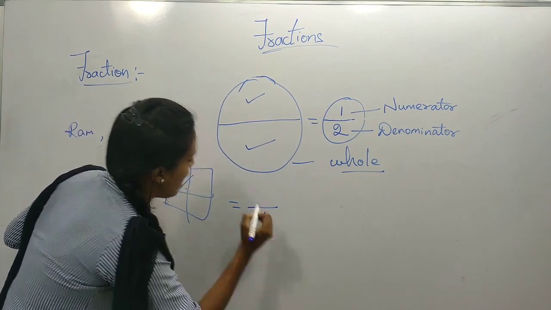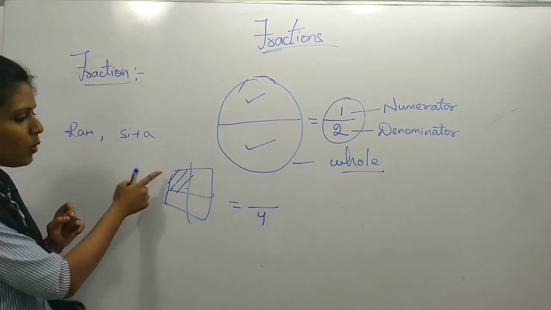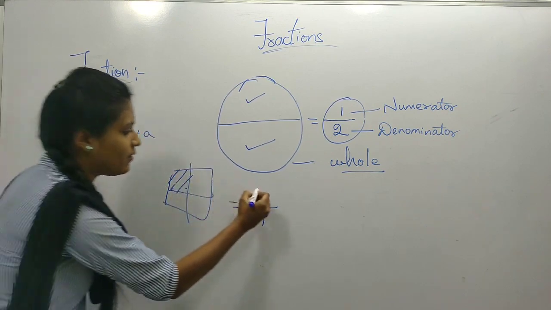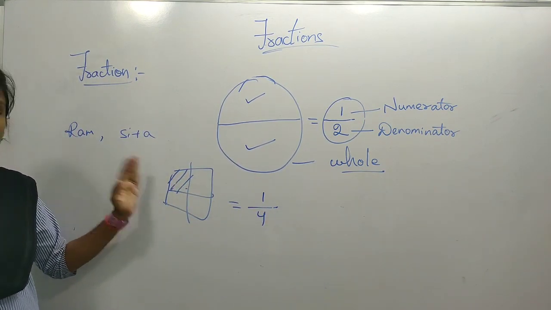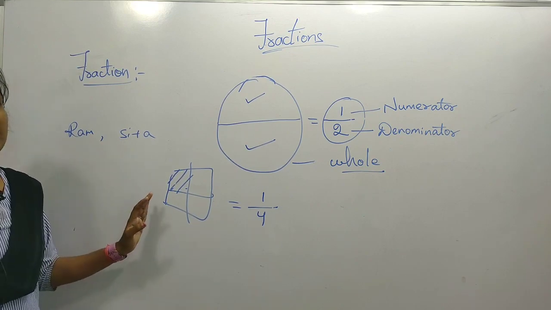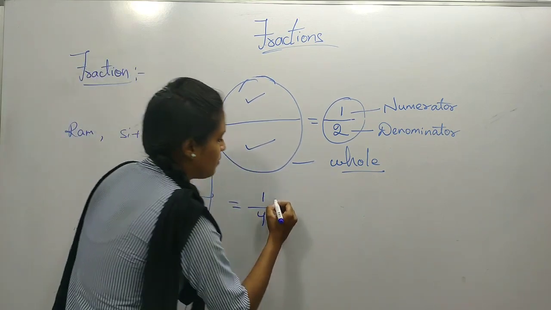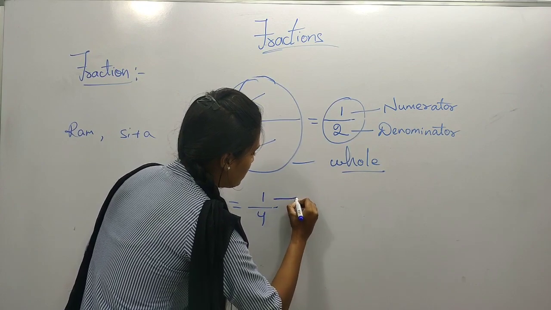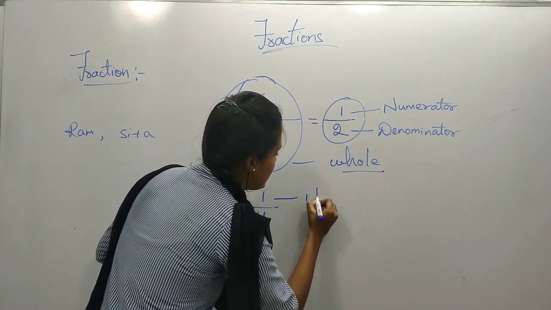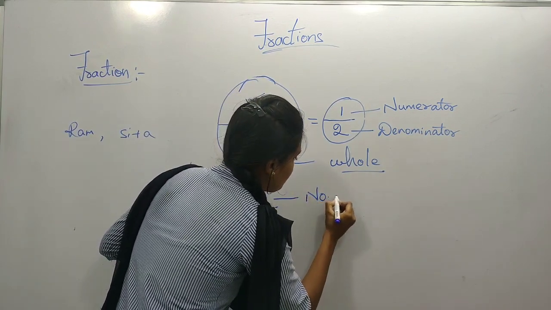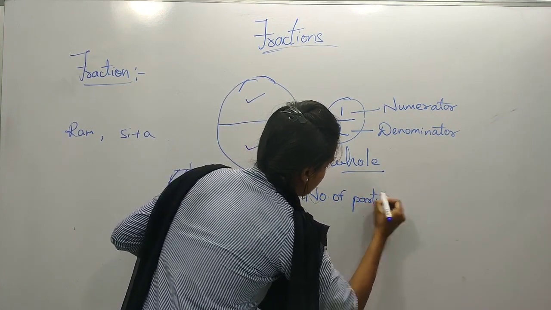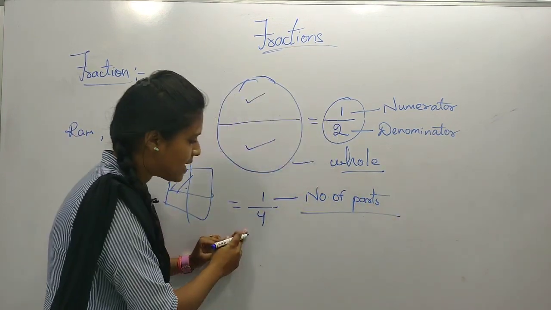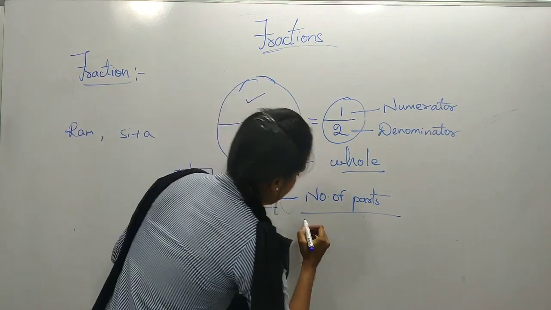How many parts are shaded? Only 1. So it is 1 by 4, written as a fraction. Keep in your mind that the number of shaded parts is the numerator, and the total parts is the denominator.